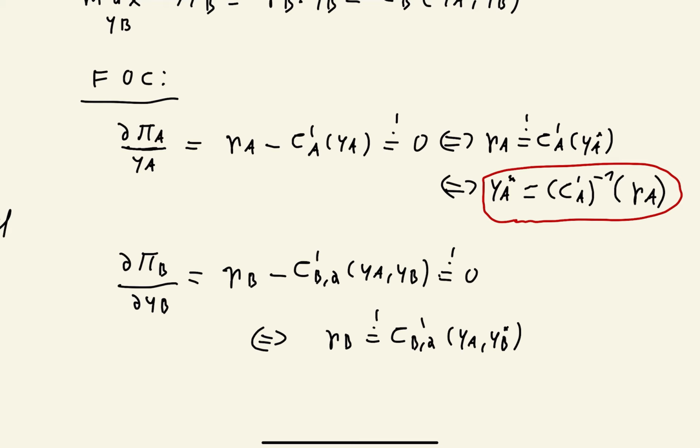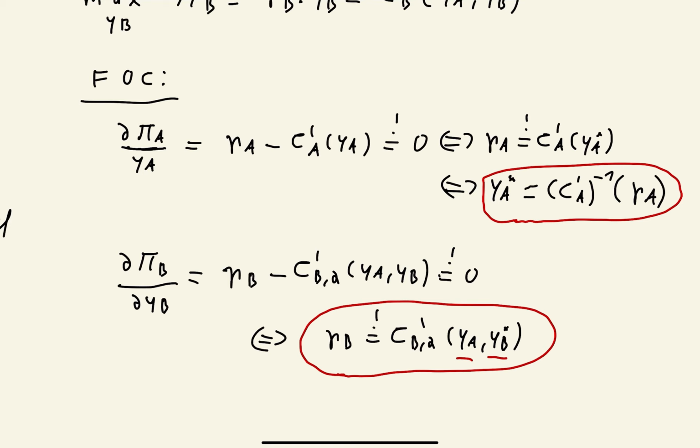Yes, and basically what you can already see here, if you just look at this condition for the optimal amount of fish, is that if YA is increasing, the marginal costs are increasing, and hence, in order for the equality here to still be fulfilled, we need to decrease the amount of fish.